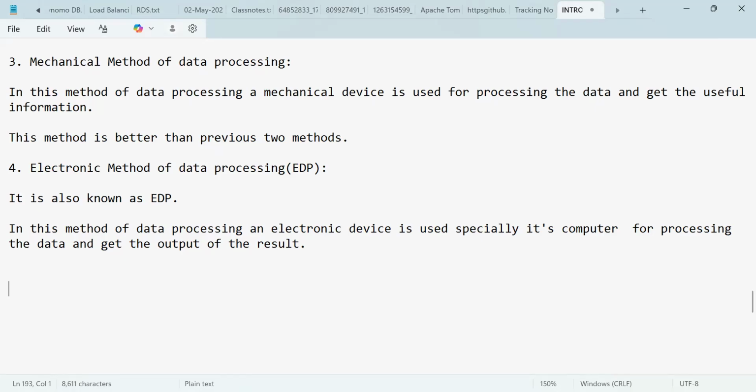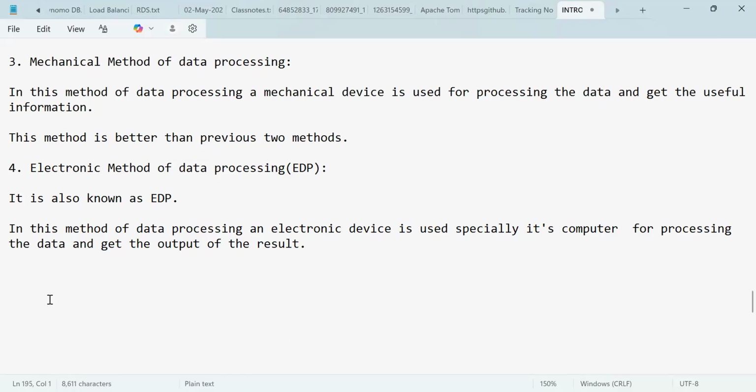It is important for large organizations and various industries: sales department, purchase department, pay and cash department, financial and cost accounting department, every sector, railway, government, banking, flight booking, train ticket booking. Everything will use the electronic data processing method, that is EDP.